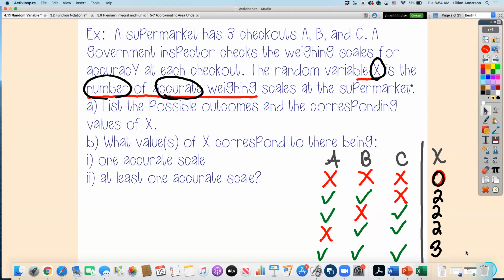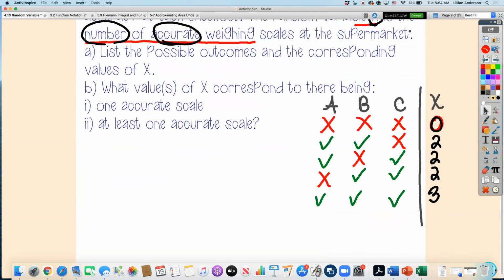So A could be the only one that works, but then B and C could be broken. Or B could be the only one that works and A and C are broken. Or A and B are broken and C is the only one that works. If that was the case, what would be the value associated with the random variable X? 1.